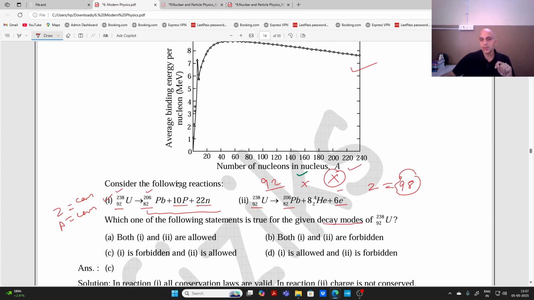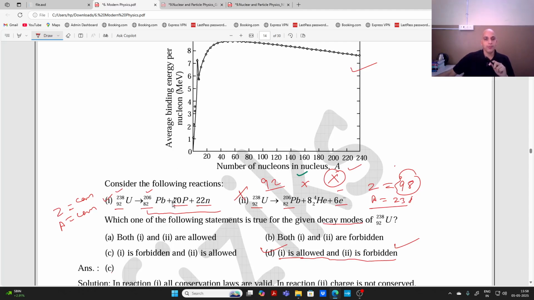What about the mass number? 238 on this side; 206 plus 8 into 4, which is 32, so the mass number is conserved. A is 238 on both sides, while Z is not 98 on both sides. So this reaction is not allowed. The correct answer is, although they have written C here, the correct answer is D. 1 is allowed and 2 is forbidden. This is the correct answer.